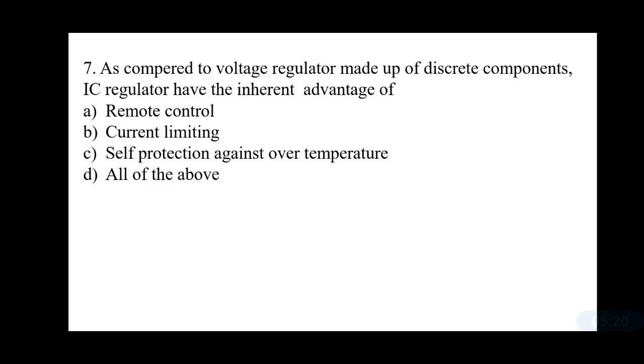Next question. As compared to a voltage regulator made up of discrete components, IC regulators have the inherent advantage of: option A, remote control; option B, current limiting; option C, self protection against over temperature; and option D, all of the above.